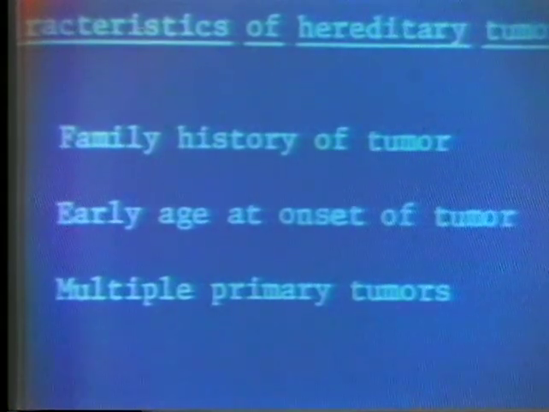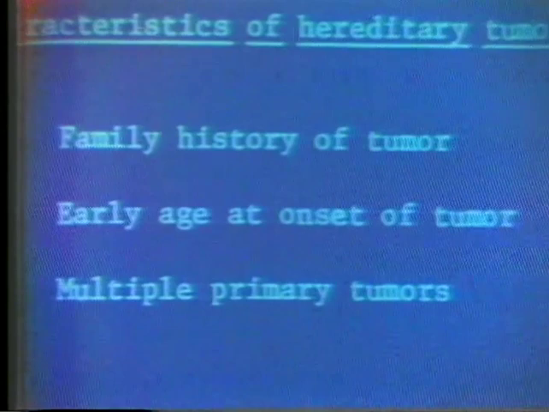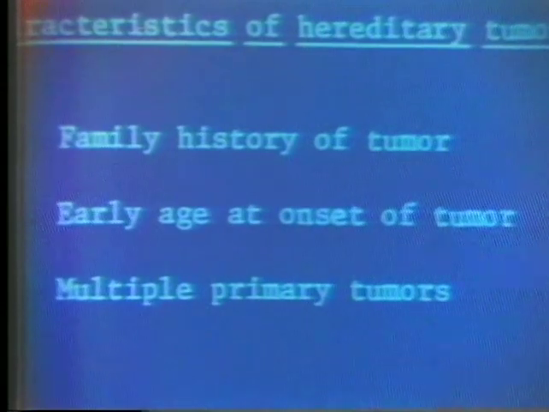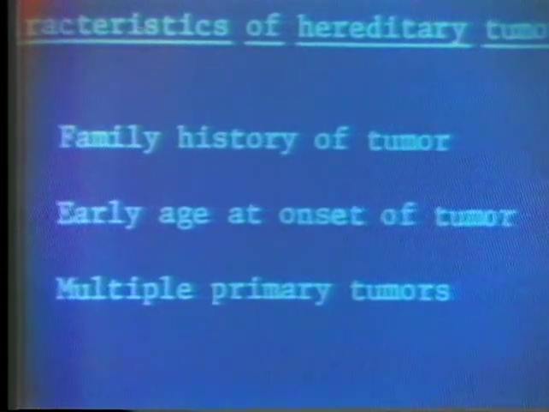In other words, if the average age of breast cancer onset is in the 50s and 60s, when you've got a family in which are patients in which breast cancer strikes at age 22, you have to think there's something unique and different, and these are the characteristics that we see in the pedigrees of inherited breast cancer.